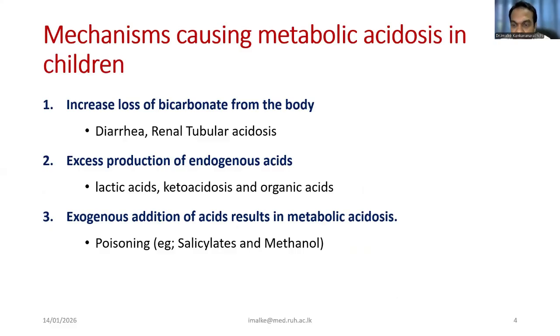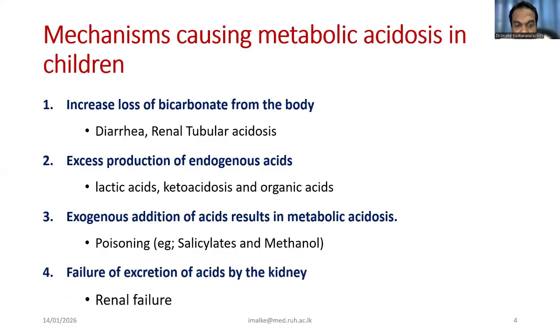That is poisoning, salicylates and methanol. And also sometimes when there's renal failure, there's a failure of excretion of acid. So these are the 4 mechanisms behind metabolic acidosis in children. Whenever you get a child, just see which mechanism is there in your particular child. Sometimes some of them may have more than one.